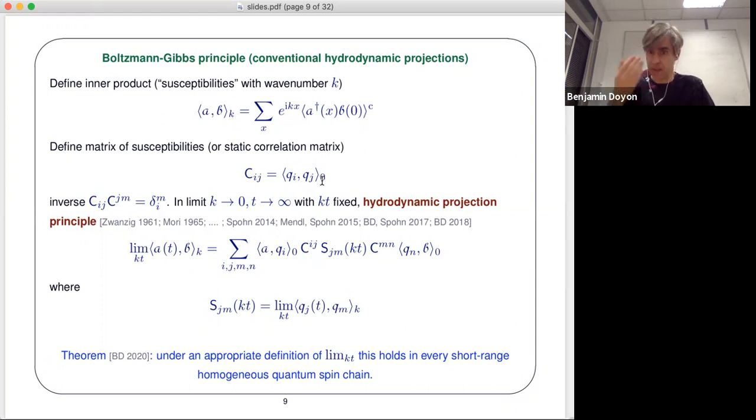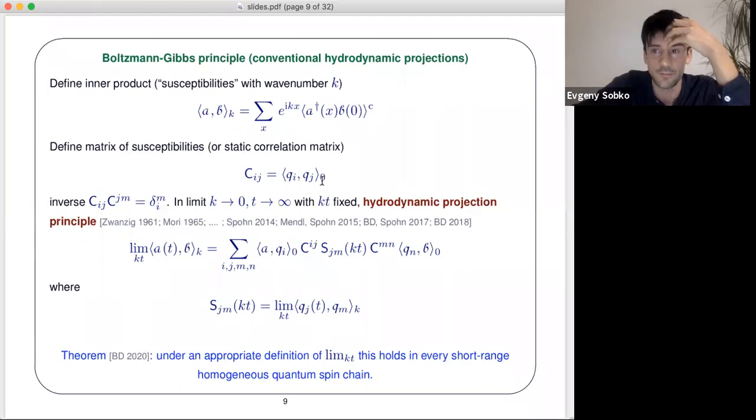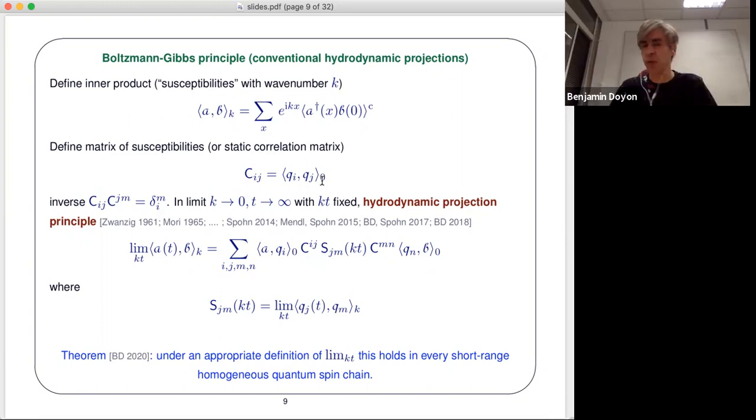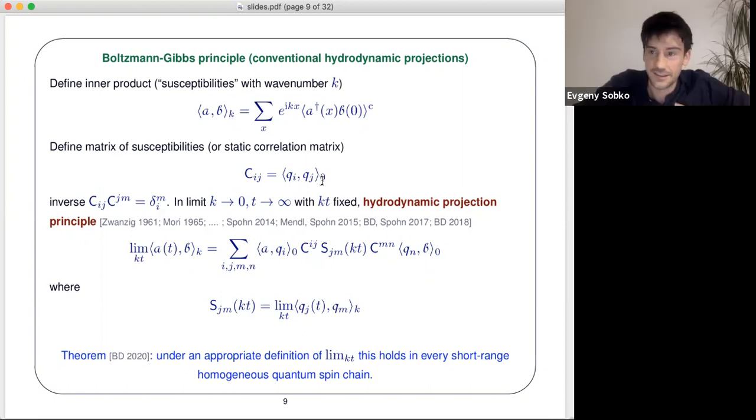In particular applications to models, it very much depends if it's chaotic or integrable, or something else. If I take an extremely simple model like just a rectangular billiard with rigid particles, there will be hydrodynamic behavior also. Yes, there will be. So indeed, there will be a hydro description. There is a hydro description for everything.